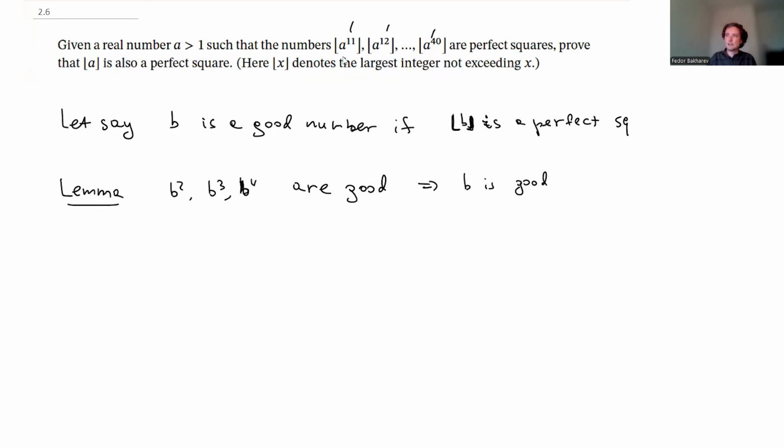So you see that this is very close to the idea of the problem itself, but we simplify it a little bit, considering a smaller number of good powers of b. And how could we proceed with this?